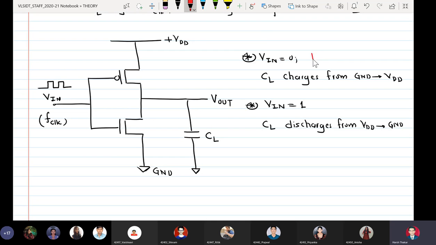This is because P equal to on, N equal to off, and here P equal to off, N equal to on. Okay. We'll continue the remaining derivations in the next lecture.